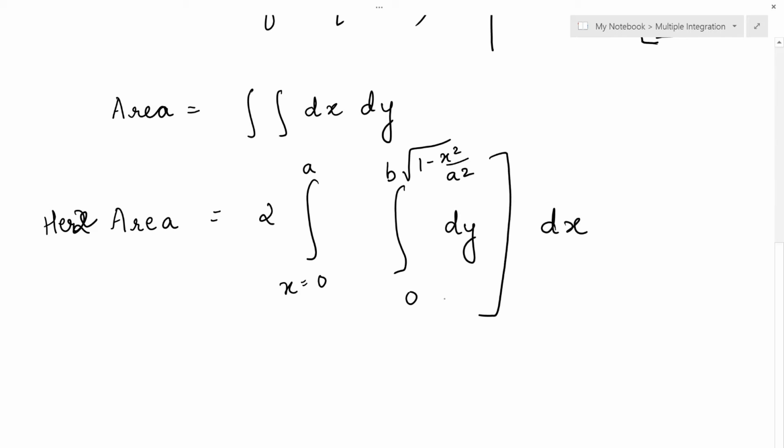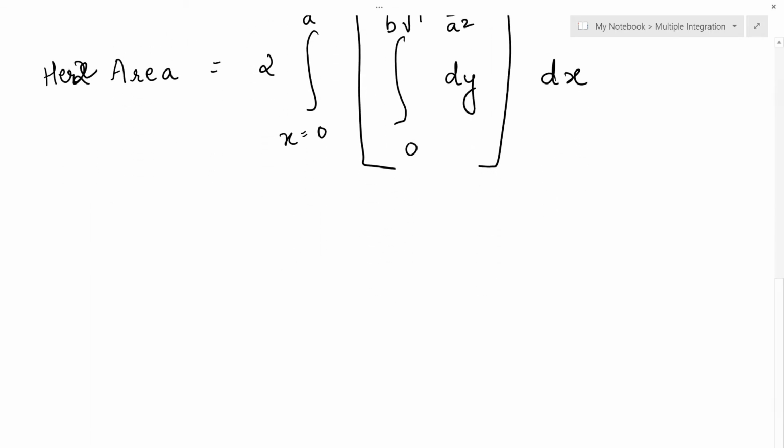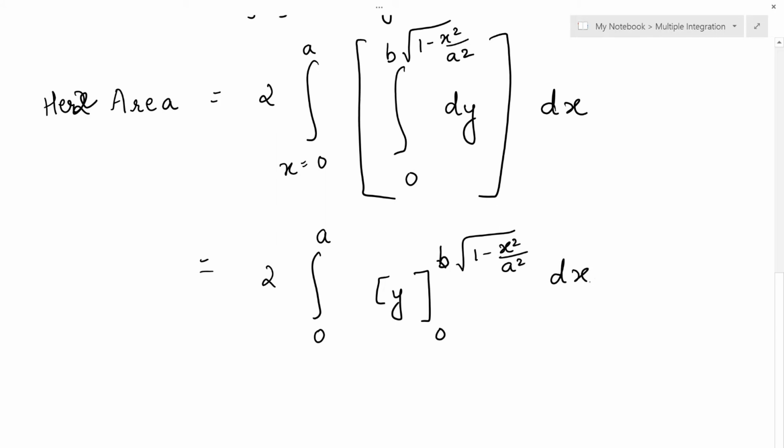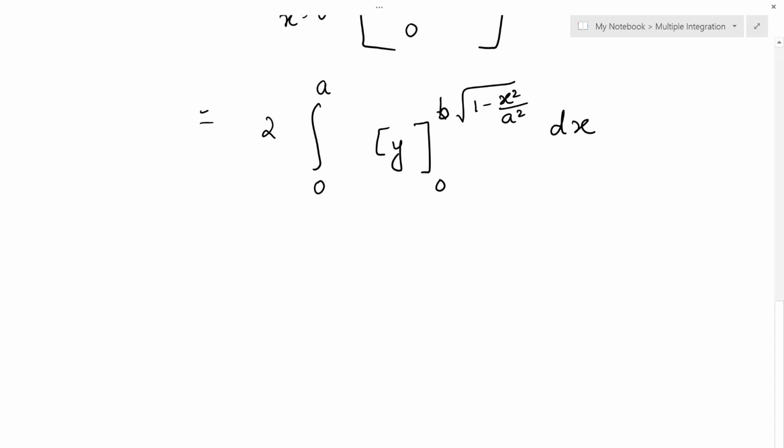So that will be 2 into 0 to a. We will substitute the limits. The integration is too easy because you don't have anything inside the integration. So that will be 2 into 0 to a, b under root of 1 minus x square upon a square dx.